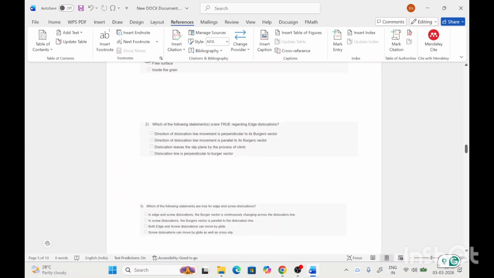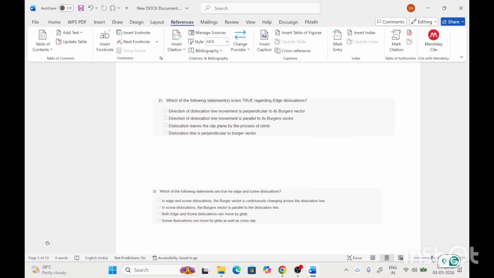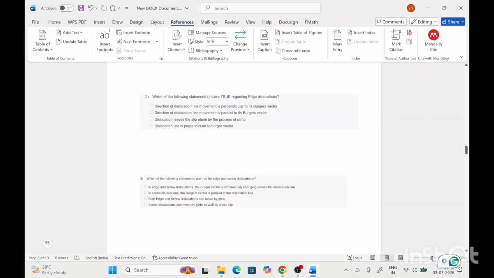The second question is: which of the following statements are true regarding edge dislocation? The direction of dislocation line movement is perpendicular to its Burgers vector, or parallel to the Burgers vector. The dislocation leaves the slip plane by the process of climb, or the dislocation line is perpendicular to the Burgers vector.